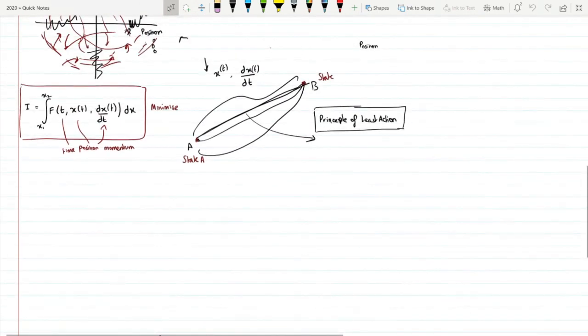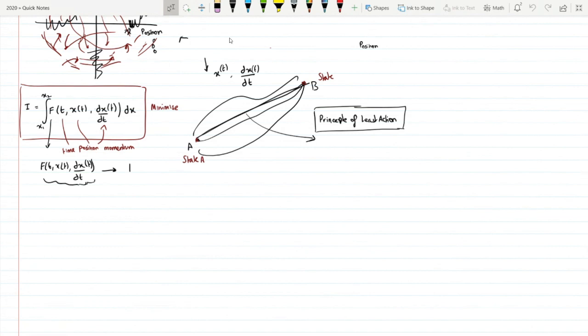So this functional, and when I say functional, I mean function of a function, meaning f of t, x of t, and dx by dt of t. If I solve what this is, my answer isn't a number, but it's some function, right? This functional is so important. The name given to it, can anyone guess? Lagrangian, yeah.